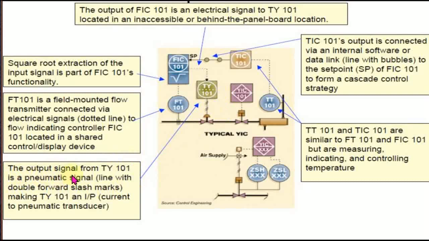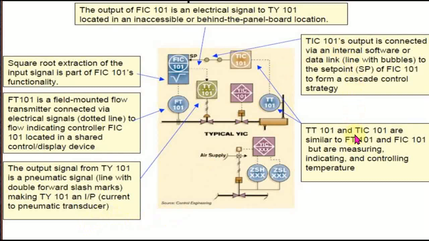The output signal from TY101 is a pneumatic signal line with double forward slash marks, making TY101 an IP, current to pneumatic transducer. So that is IP or electronic pneumatic IP.